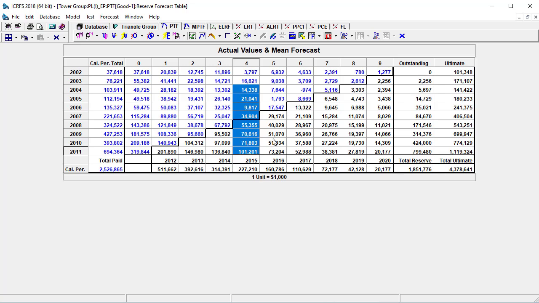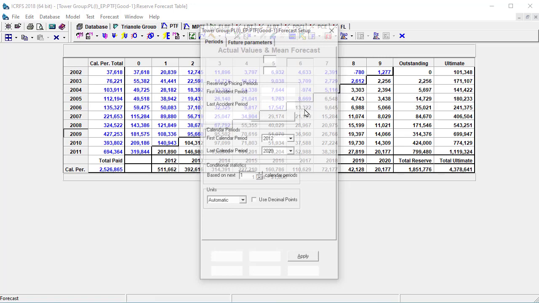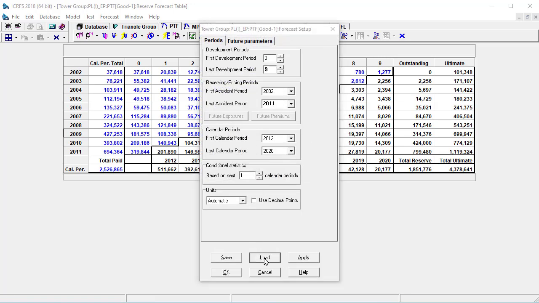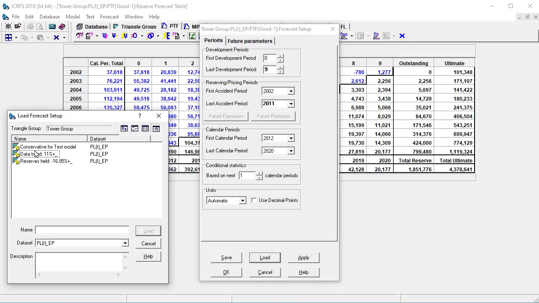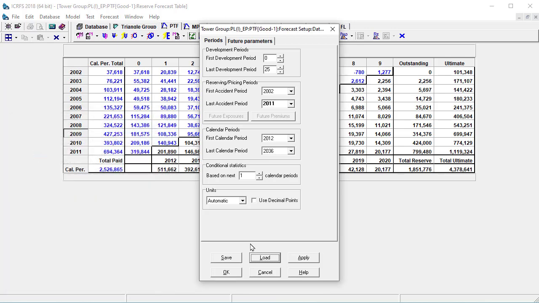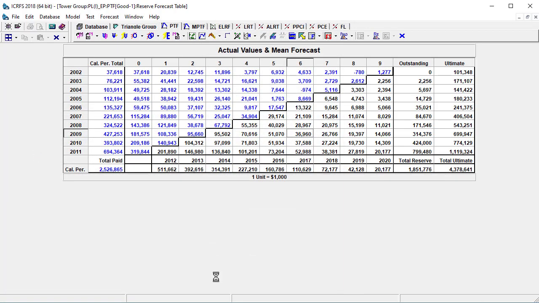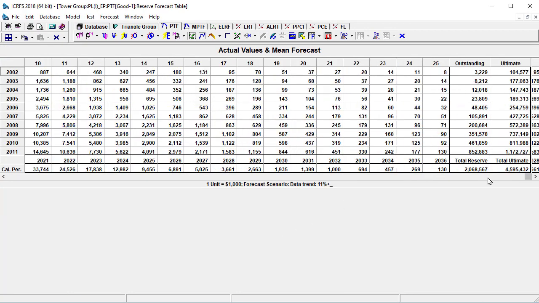Okay, but this now doesn't correspond to any losses that might be happening after development year 9. Let's just load a forecast, which we've already designed, called data trend 11%. Okay. And that continues out to 25 development periods. Let's run that. The total forecast is now just over 2 billion.